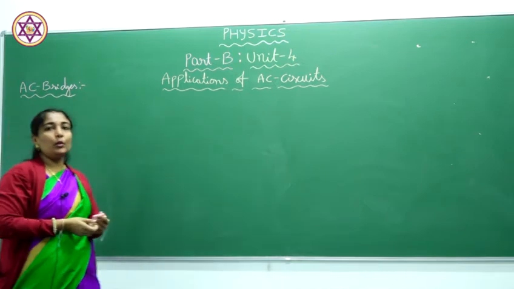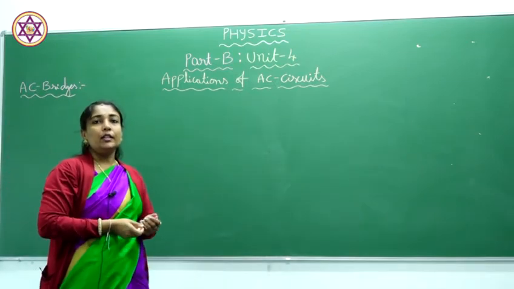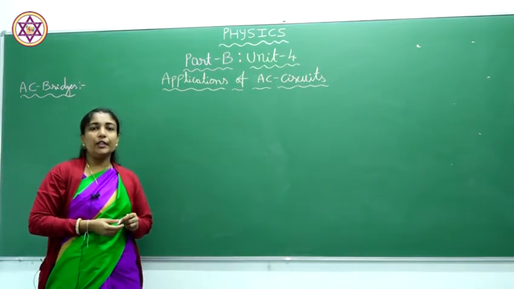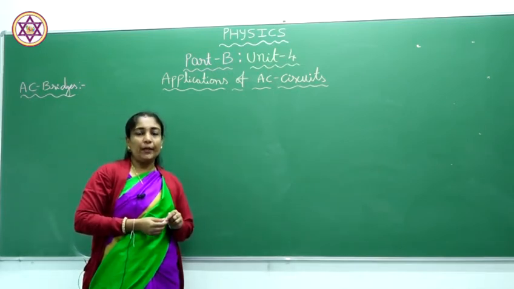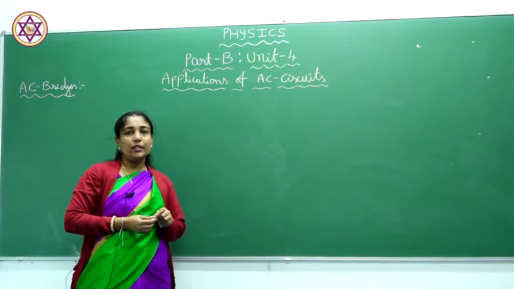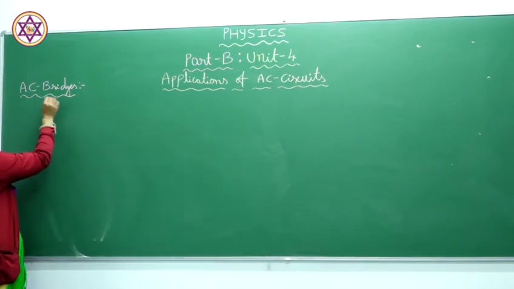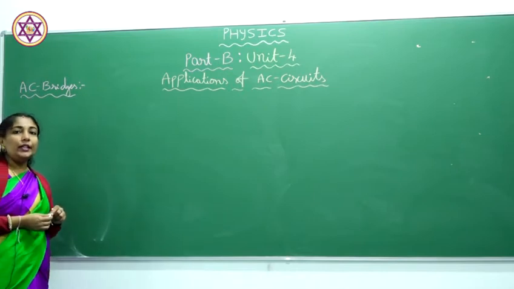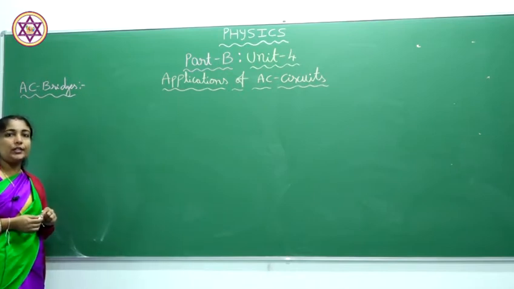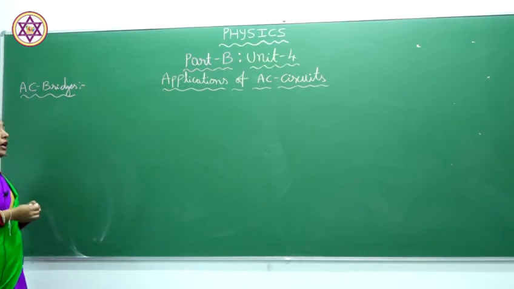First, let us know what AC bridges are. The bridges used to determine the value of unknown inductance, unknown capacitance, or unknown resistance are known as AC bridges.